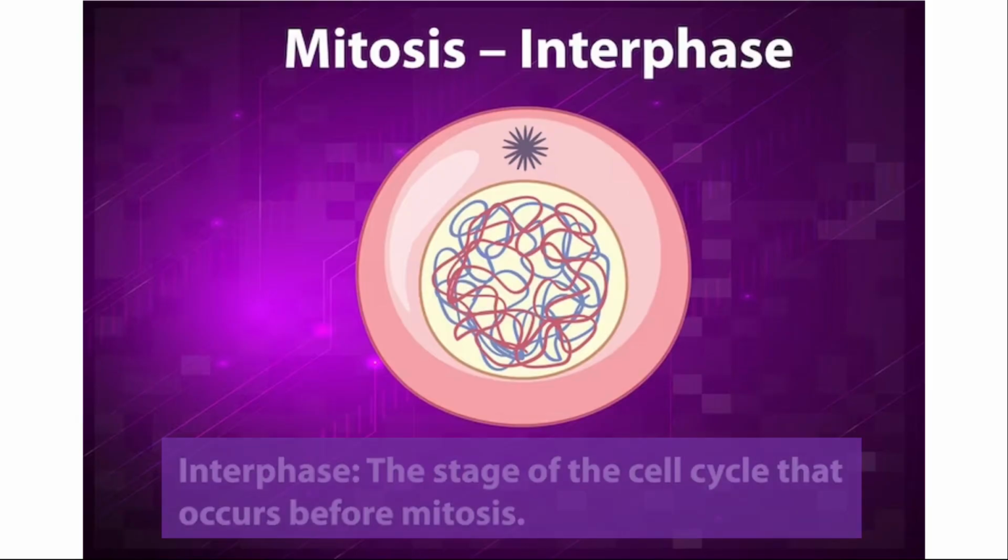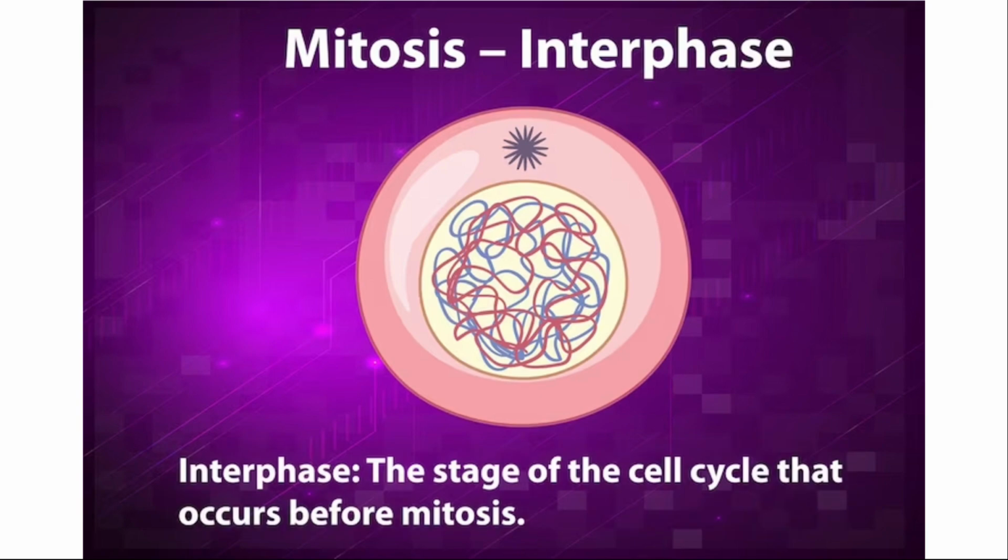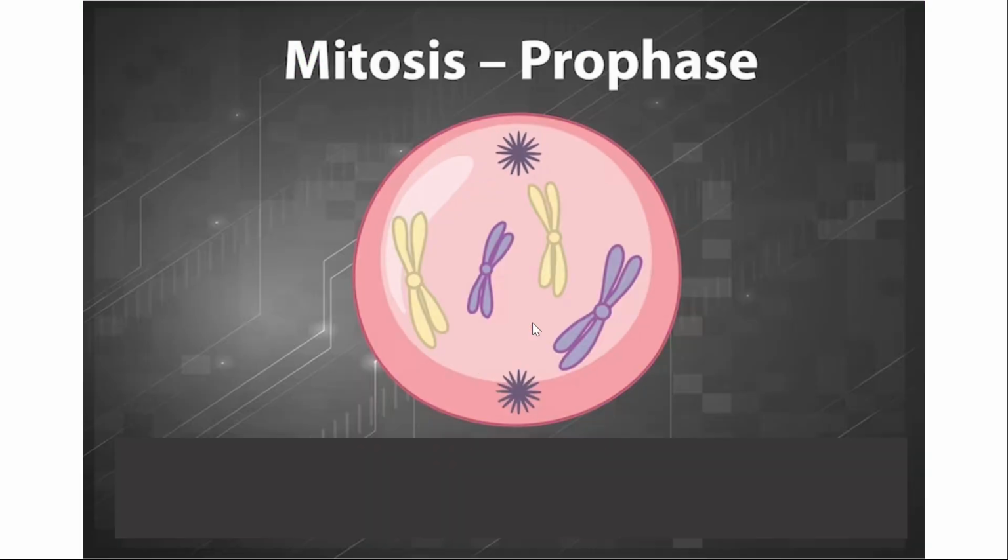For the stage that occurs before mitosis, the nuclear membrane is present, and the chromosomes cannot be distinguished. Then for mitosis, prophase is very important, wherein the DNA has already condensed into visible chromosomes, and the nuclear membrane, though present, is already starting to disintegrate.